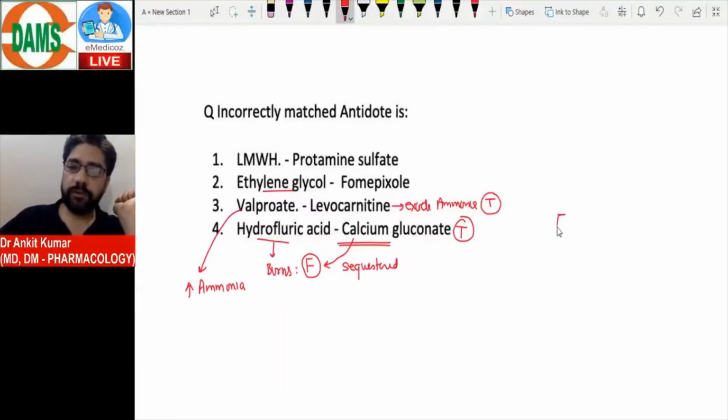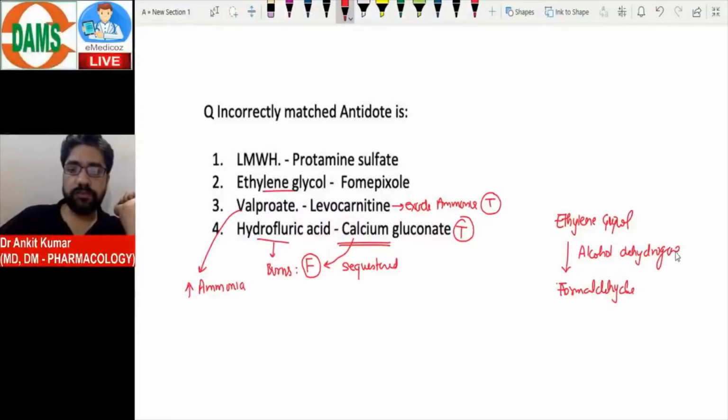Now, if you talk about ethylene glycol, the word suggests it must be some alcohol. Ethylene glycol forms inside the body. It first gets converted, inside the liver, into an aldehyde with the help of the enzyme alcohol dehydrogenase.